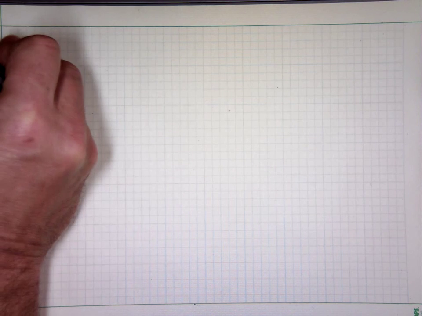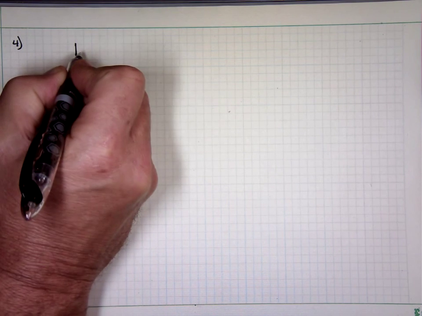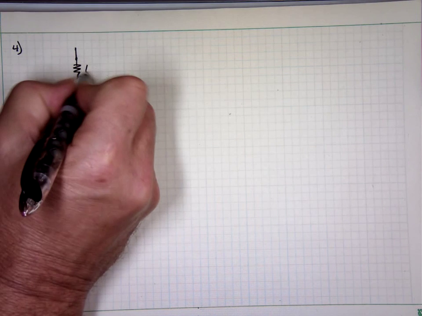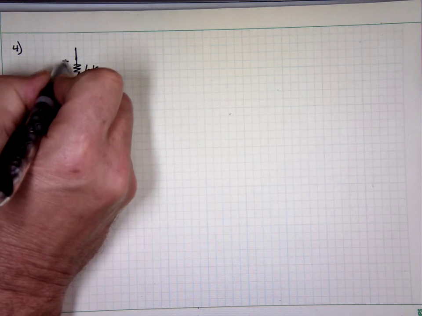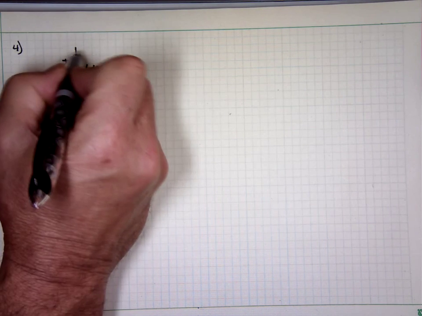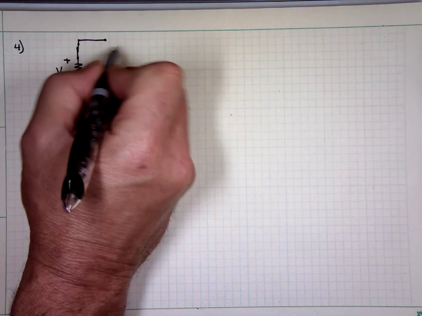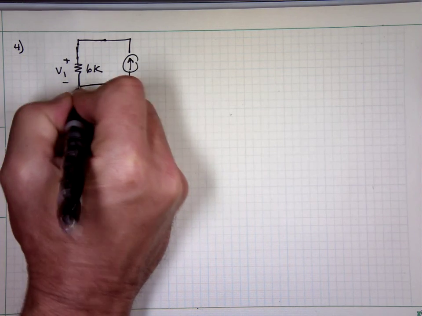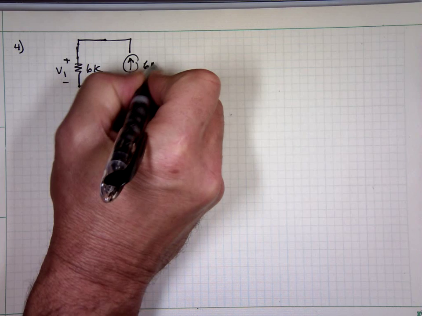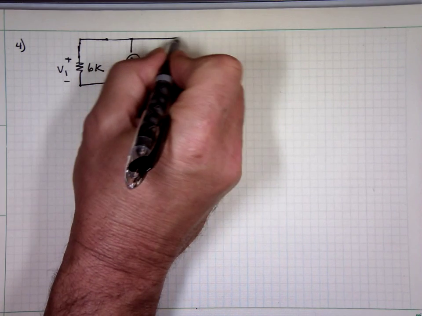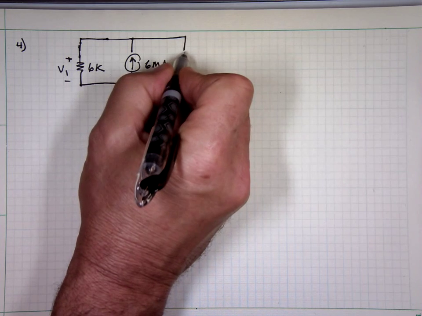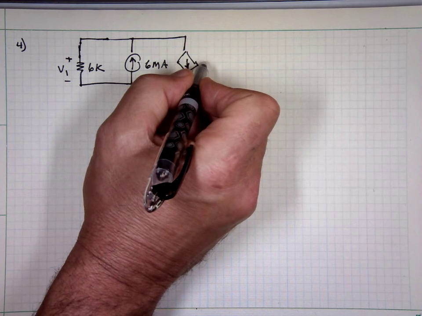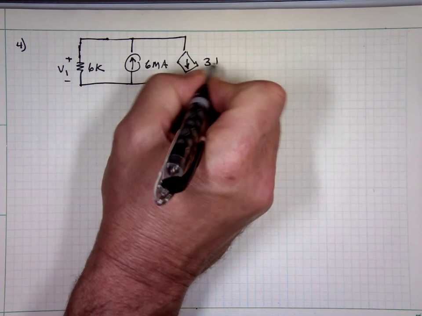Number 4. This is 6K, and we have this one labeled as V1. We have a current going up there, and the value of that is 6 milliamp. We have a dependent current source coming down, which is 3 times I sub x, and I sub x happens to be this current.